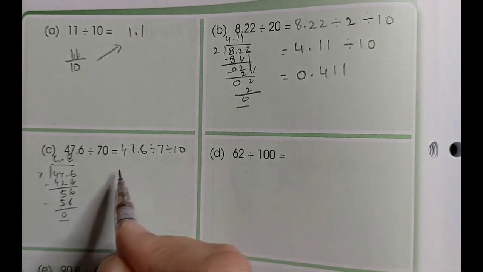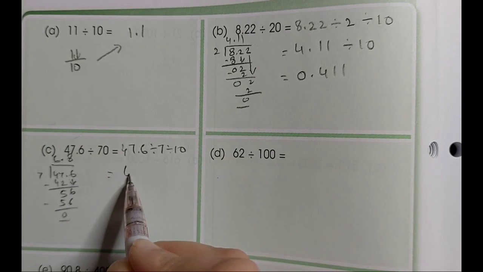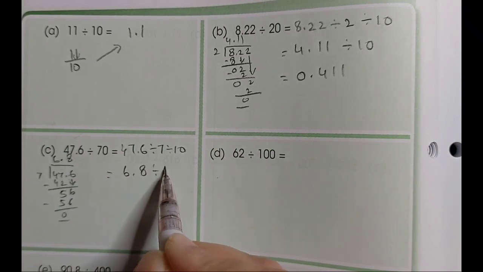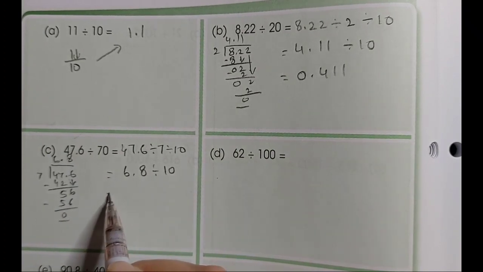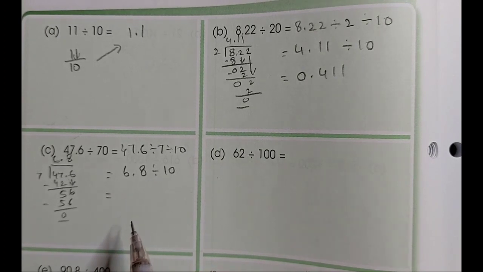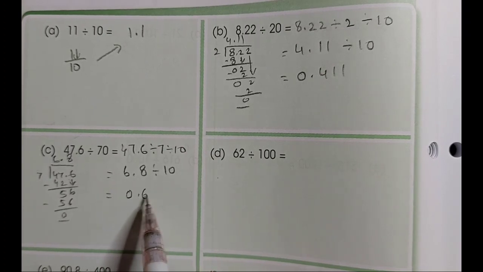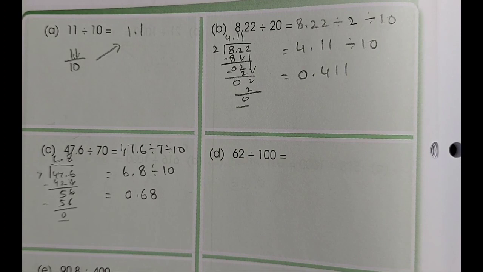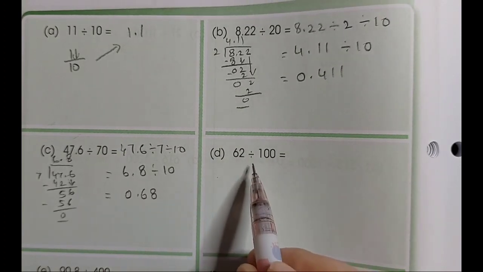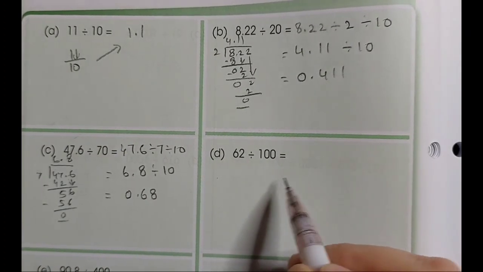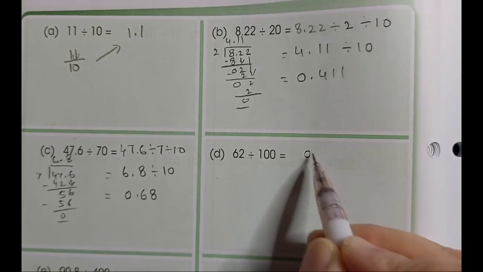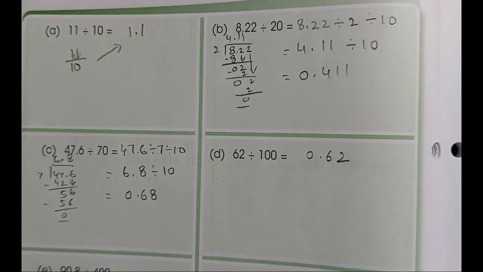So what do we get? Our quotient will become 6.8 divided by 10. So now students, we have to shift the decimal towards left by 1 decimal place. So it will become 0.68, and this is your answer. Part D is 62 divided by 100. So now you have to shift 2 decimal places. It will become 0.62. Okay.